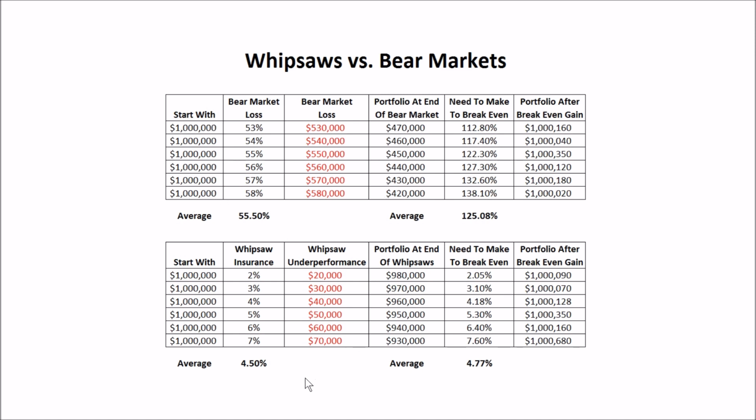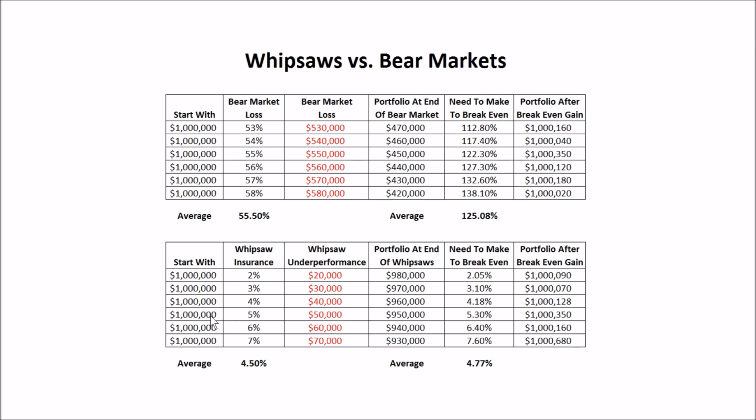Let's compare that to the whipsaw costs associated with underperforming the S&P 500 during a difficult period. For argument's sake, let's say we were underperforming the S&P 500 by 5% in a given calendar year. How difficult is it to make up that underperformance?